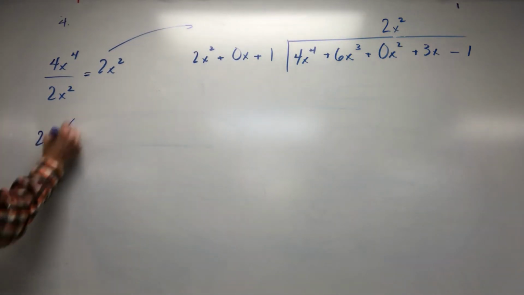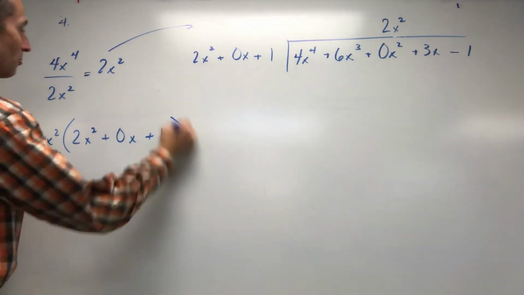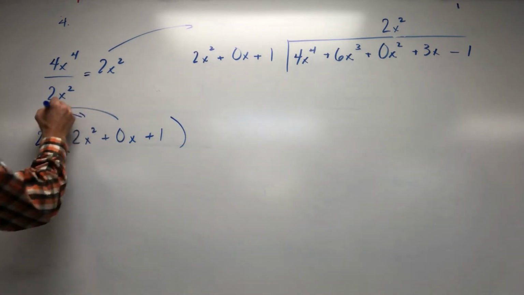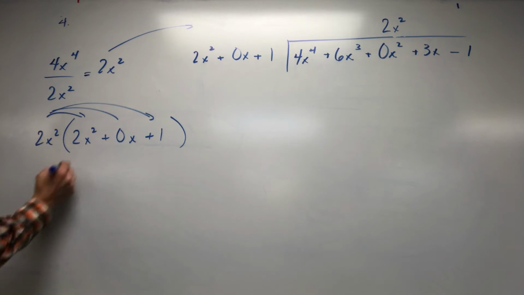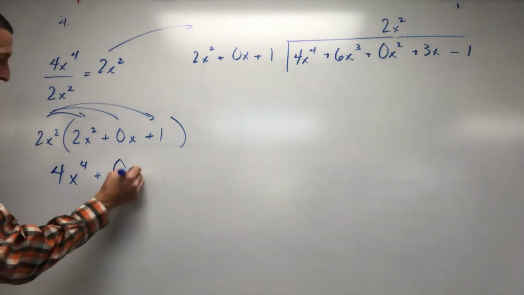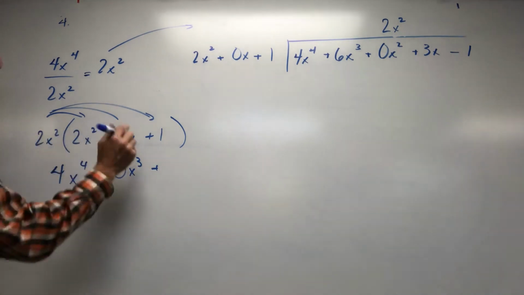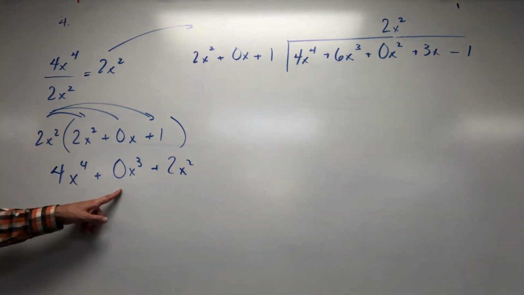Grab 2x squared times 2x squared plus 0x plus 1. So now this 2x squared multiplies through the whole parentheses. 2 times 2, 4x to the 4th plus 0x cubed. 2x squared times 1 is 2x squared. So the 2 times the 0 gives me the 0.